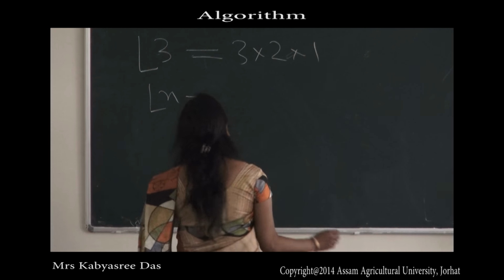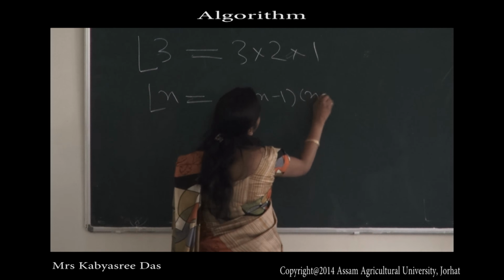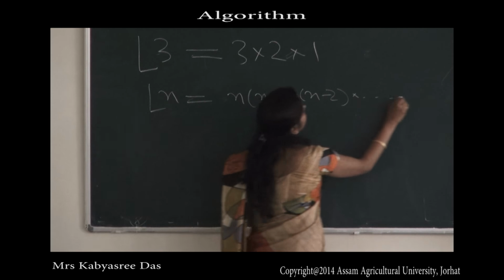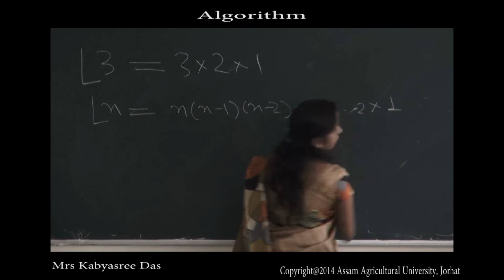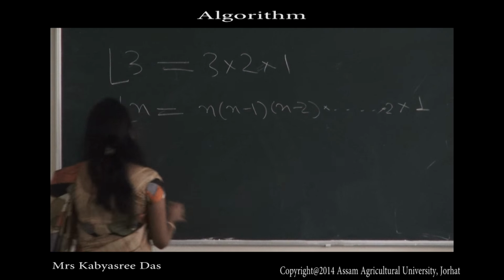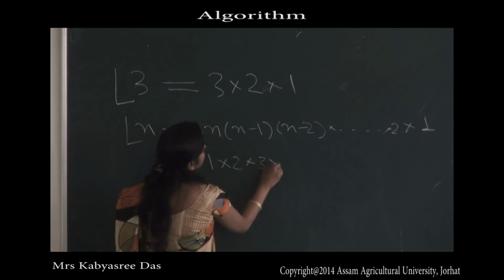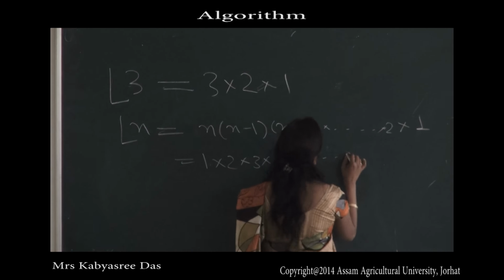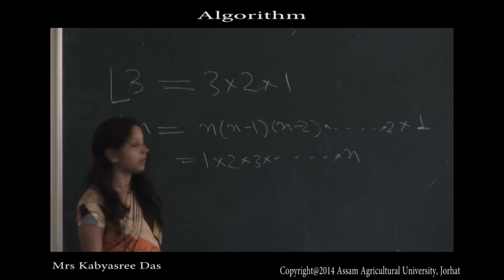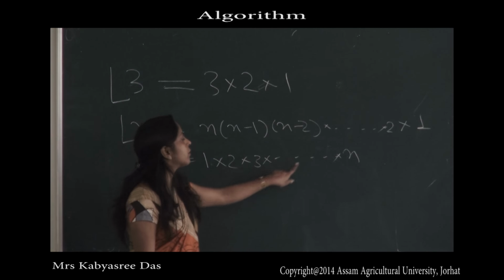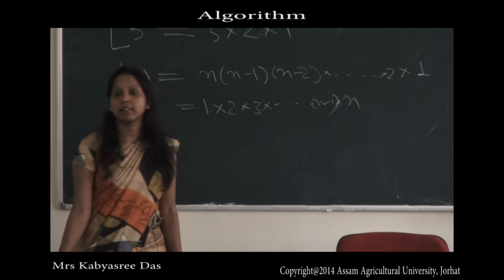That means n into n minus 1 into n minus 2 and so on up to 1. Or you can write 1 into 2 into 3 into 4 and so on up to n minus 1 and n.